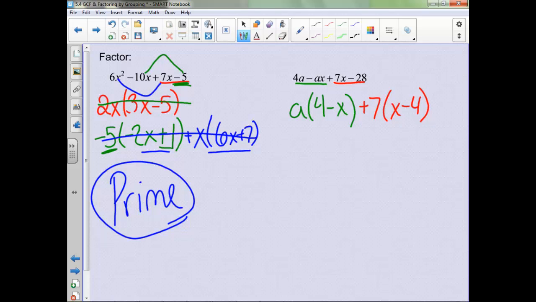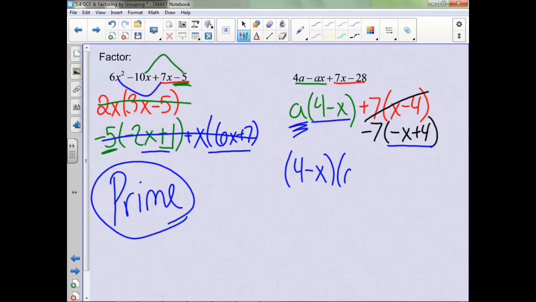So let's factor out a negative here and change this to negative 7. This will be negative x plus 4. And now notice these are the same. So we can factor this negative x plus 4 from both, or 4 minus x, however you want to write it. And we're left with the a minus the 7.